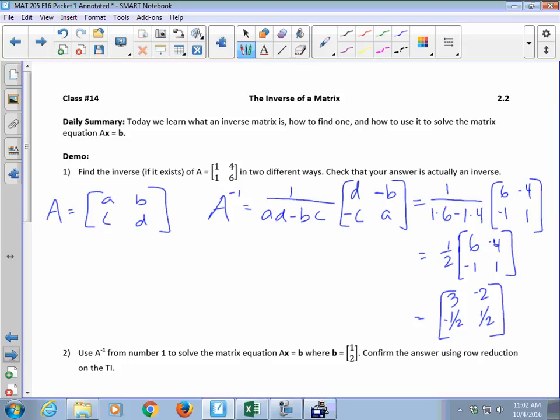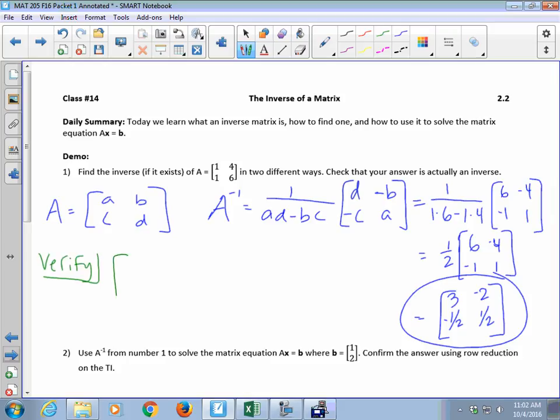All right, so to check that that actually is the inverse, there's my inverse matrix, finished. To check that two matrices are inverses of each other, you multiply them together and see if you get the identity. So let's just verify here.